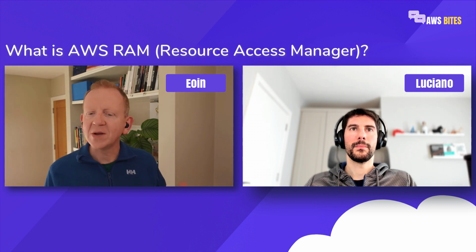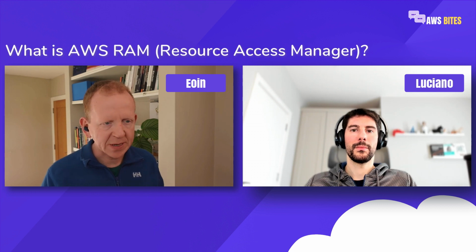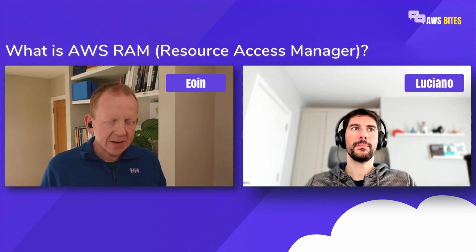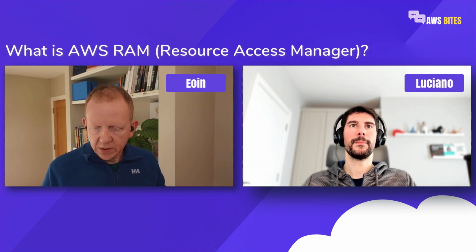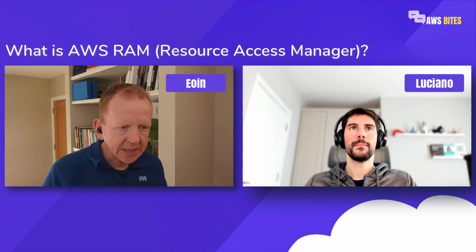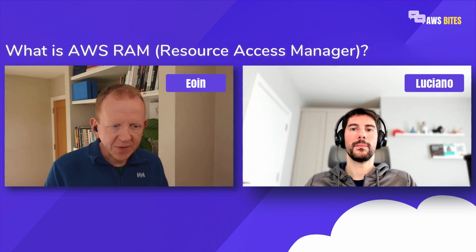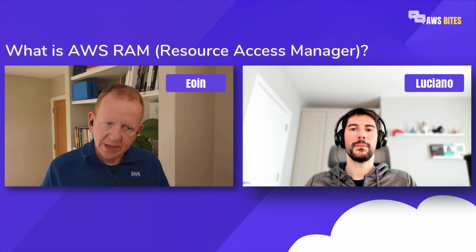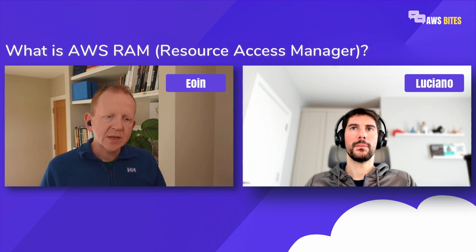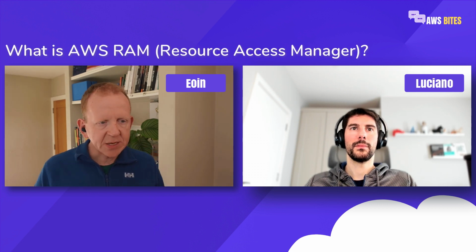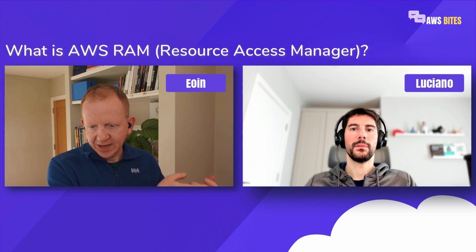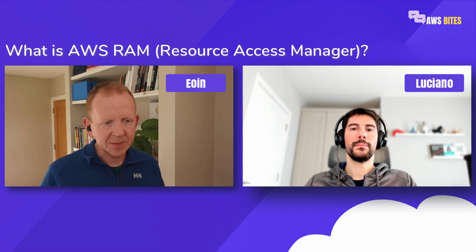You're not sharing all of the things in the subnet per se. Participants can't make networking changes, so only the owner can make changes to the subnets. But participants can provision resources they own into shared subnets. Like they can start their own EC2 instances in the shared subnet. The participant will then own the EC2 instance, even though the shared owner account owns the subnet.